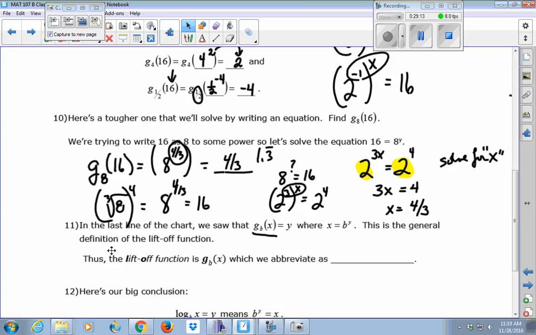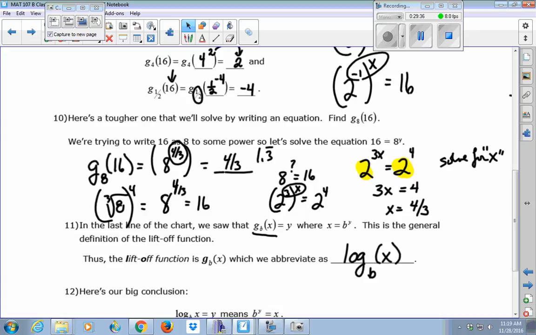So this is the general definition of a liftoff function. Liftoff, L-O-G, is a log. All a log function is lifting off the exponent.